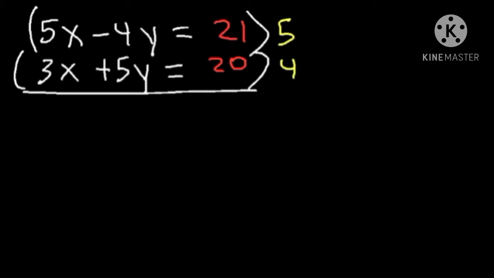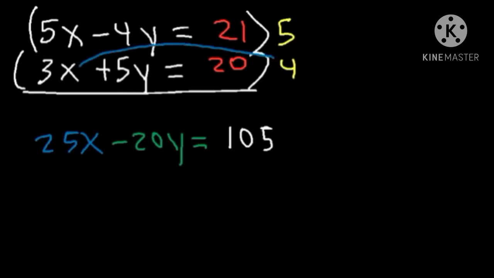Now I need to multiply everything by 5 and 4. The first equation is going to be 5 times 5x, which is 25x, and then 5 times negative 4y, that's negative 20y, and 5 times 21: 5 times 20 is 100, and 5 times 1 is 5, so 21 times 5 is 105.